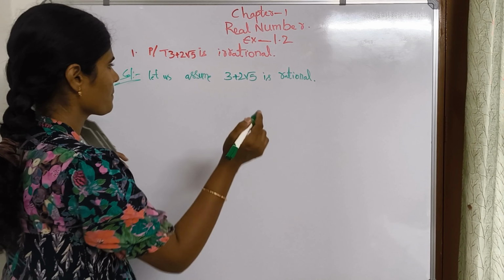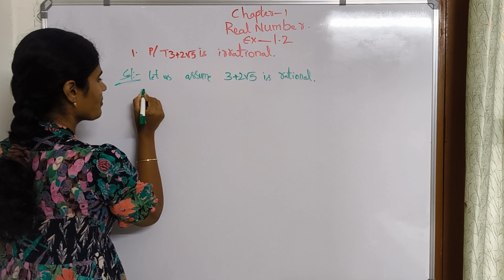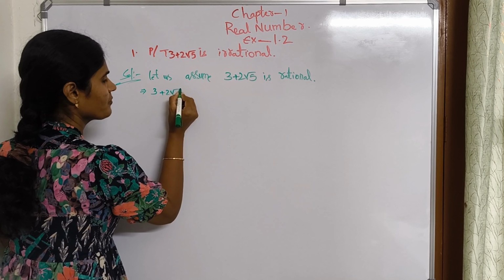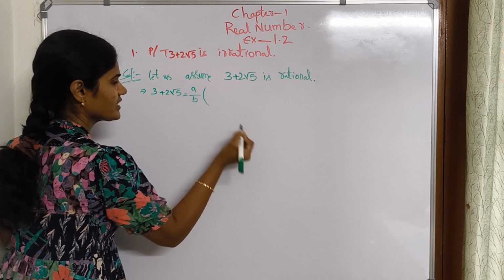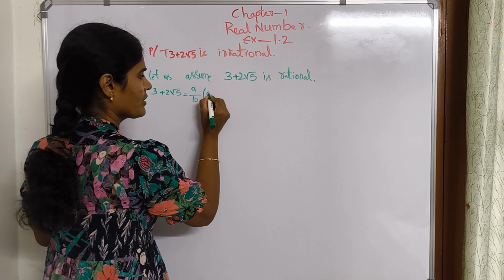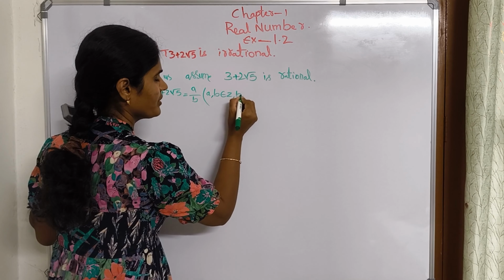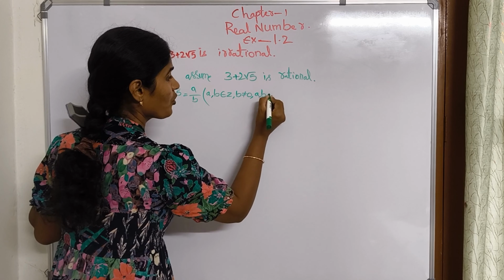Finally we get it. For that, if this is rational, you can write it in the form a by b. So 3 plus 2 root 5 equals a by b. What are the conditions? a, b belong to Z, Z means integers, and b not equal to 0. a, b are co-primes.